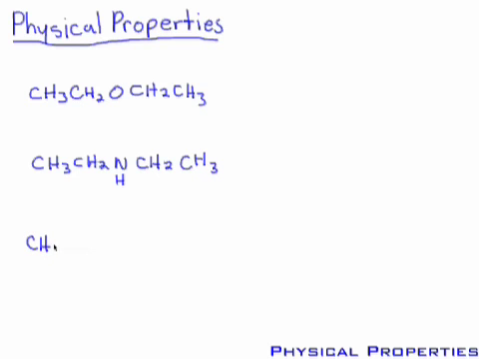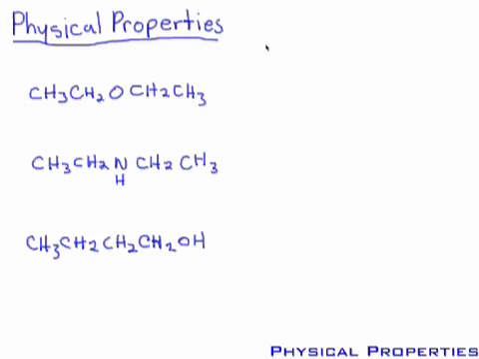So if we look at 3 molecules that have 4 carbons, diethyl ether has no hydrogen bonding, diethylamine has hydrogen bonding, and the other one, butanol, has hydrogen bonding.